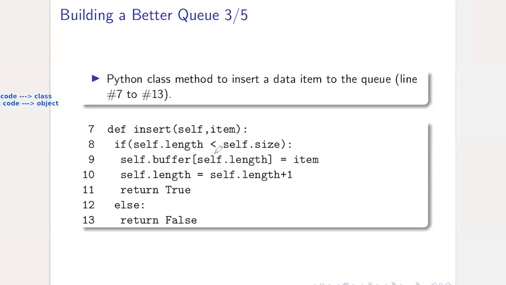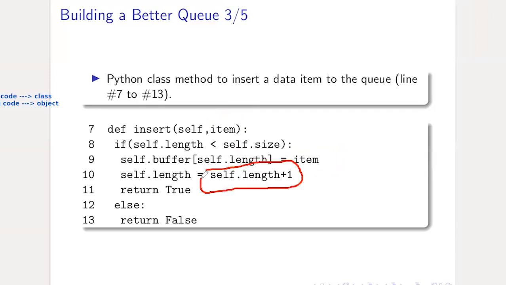So if it is less, I will proceed and store the particular item that was passed to me as a parameter here at the current index value, which is the same as the length, because this length is essentially giving the next available free location. So we start with 0. Initially you have at the address location 0 space to put the item, and then we point to the next available location.